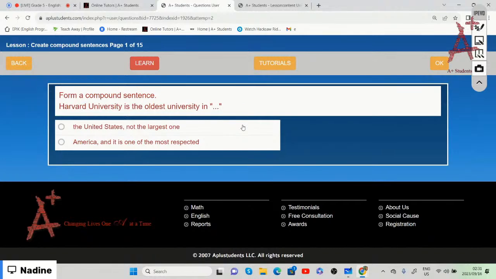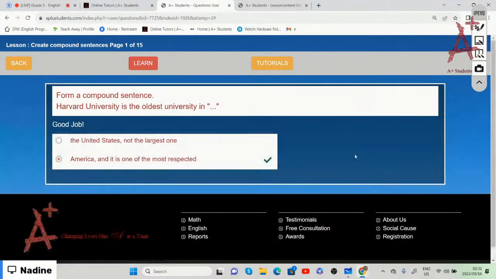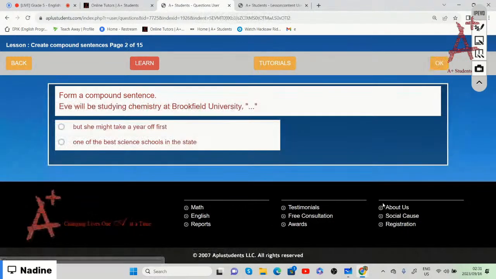Or, it is in America, and it's one of the most respected. So Harvard is one of the most respected universities. Yes, because everybody wants to go to Harvard University.